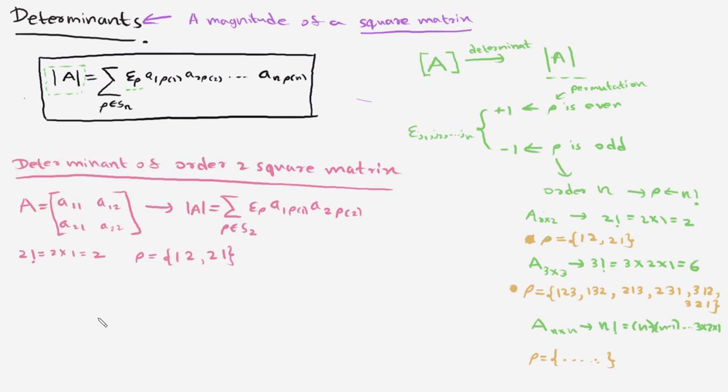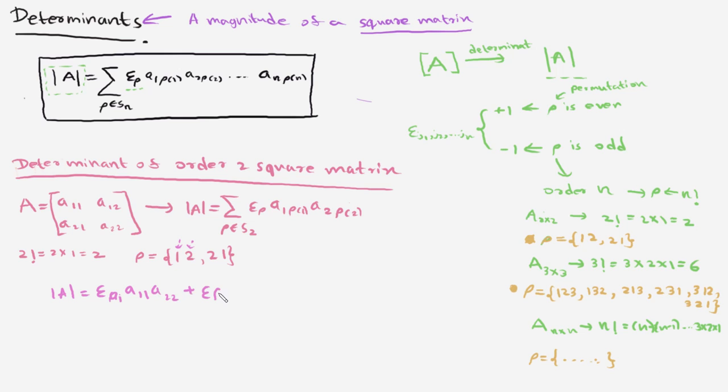So we can write our formula in the following way. The determinant of A will be epsilon corresponding to the first permutation, P1, and A1 belongs to 1 and A2 belongs to 2, so A22.